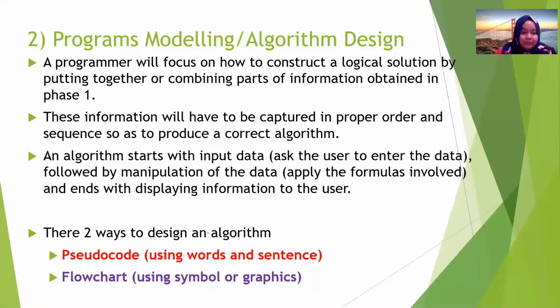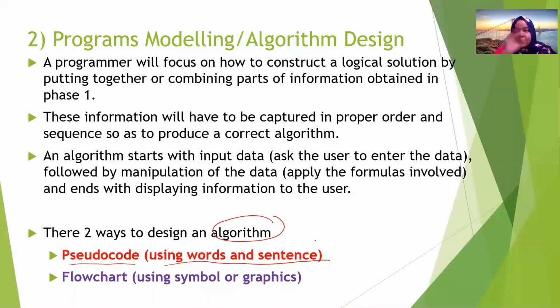This is very famous, guys. There are two ways to design an algorithm. Remember, we have two ways to design the algorithm. First, we use the pseudocode. Okay, the pronunciation is pseudocode. And pseudocode means using words and sentences. It is like how we made the recipe, the bihun recipe yesterday.